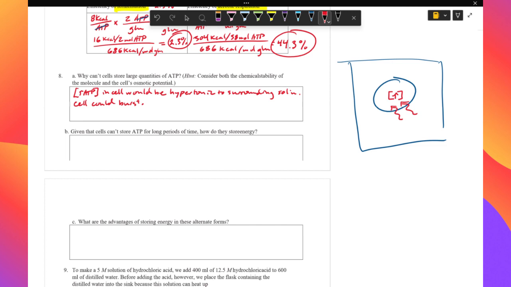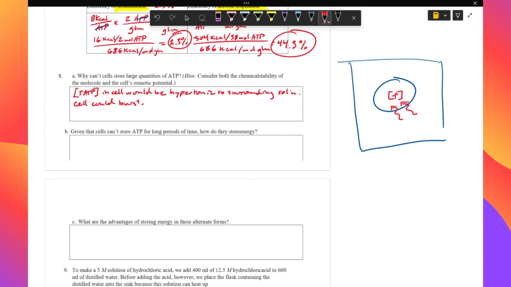So looking at the chemical stability aspect, ATP is highly reactive at normal body temperatures. That's why it's an efficient source of energy. And it's therefore really difficult for the cell to store for any period of time. In the lab, for example, ATP is usually stored at very low temperatures, as low as -20 degrees Celsius.